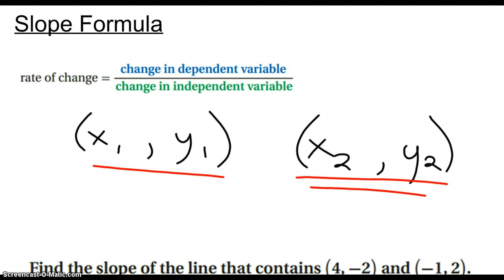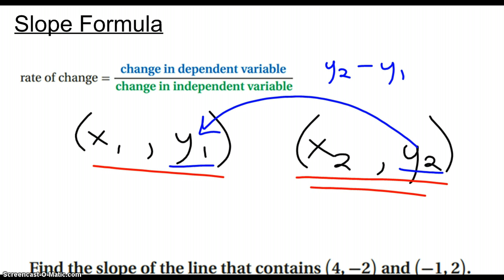We can talk about the change in the vertical and horizontal movement with these two terms. So let's say we had 2 points on a graph. We don't know what they are specifically, but if I wanted to figure out the difference or the change in height between my y variables, I could take y2 and subtract y1 from it, just like that.